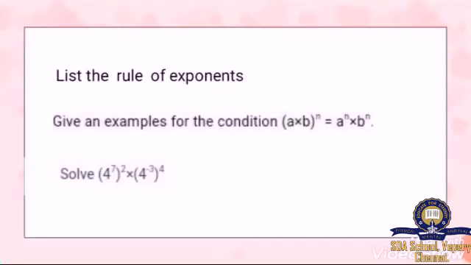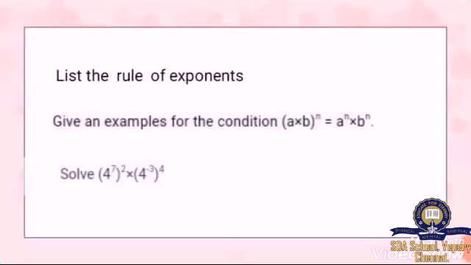Can anyone give an example for this condition, a into b raised to the power n is equal to a to the power n into b to the power n? For simple verification, I am considering a as 2, b as 3 and n as 2.